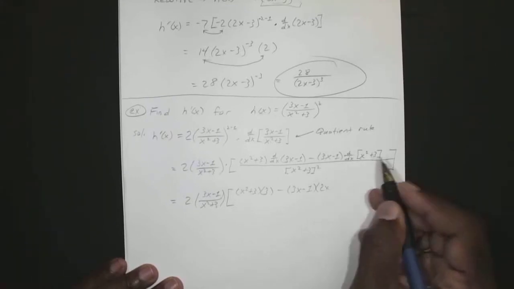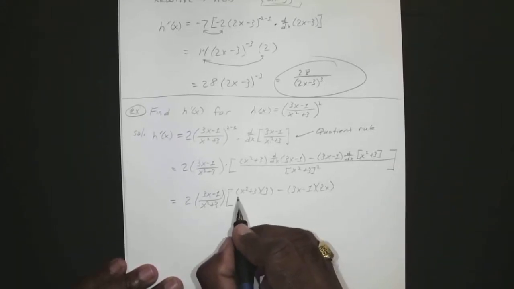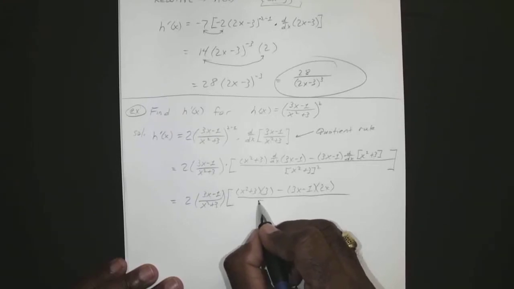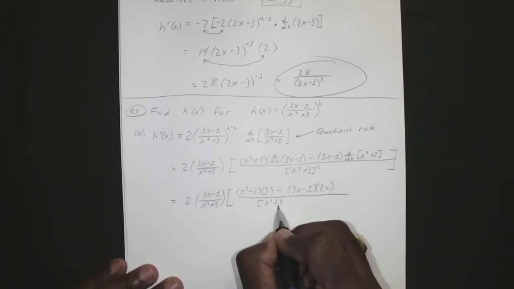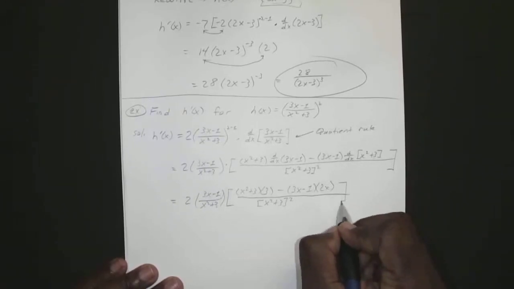Derivative of a constant is 0, so that stays, all over (x squared plus 3) squared.